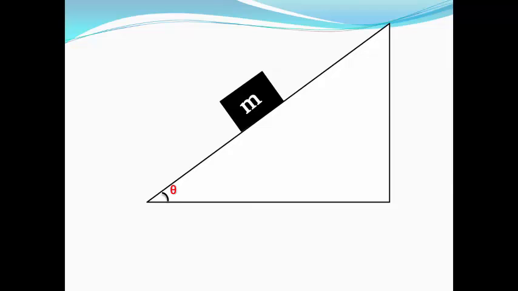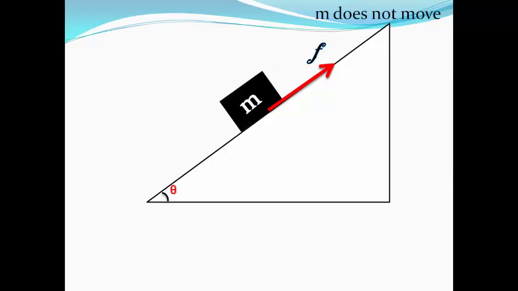Next example. A block of mass m is kept on a slope having inclination theta, but the friction is such that m does not move. In this case, static friction is resisting the motion.